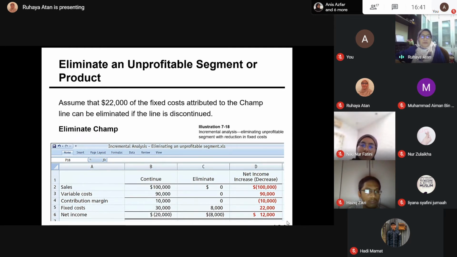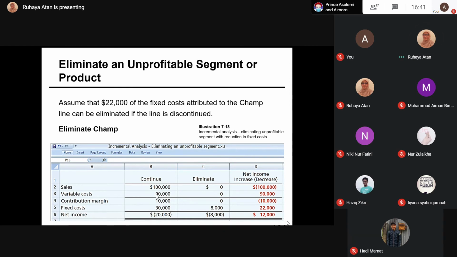Okay, what if we assume that 22,000 of the fixed costs attributed to CHAM can be eliminated if the line is discontinued? Okay. So just now, we had to make sure the fixed cost is absorbed by the two products, isn't it?